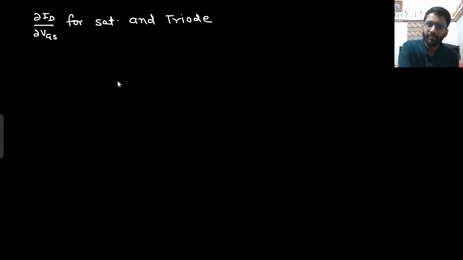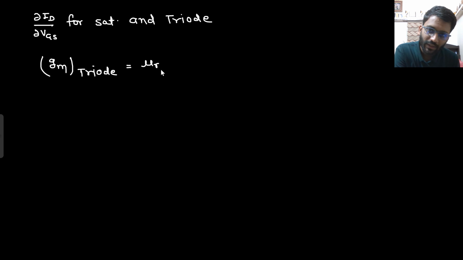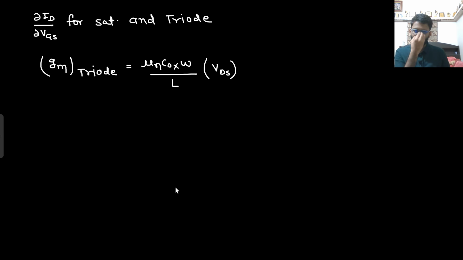We are basically comparing the GM. So GM of triode. What is the GM of triode? GM of triode is mu n COX W by L VDS. This is the GM of triode, right?